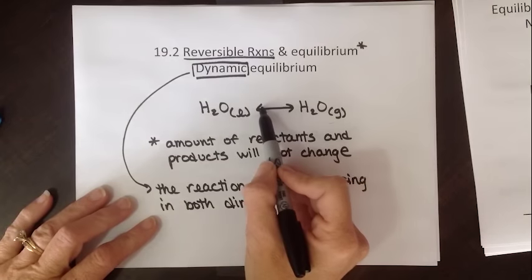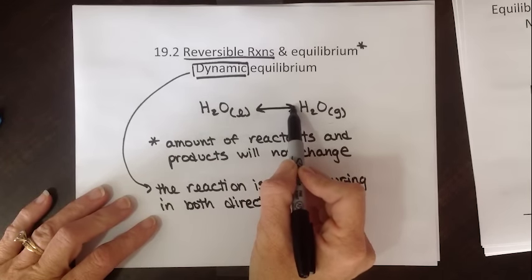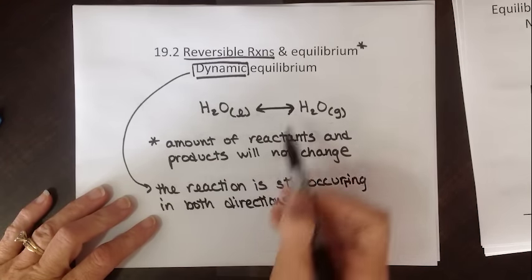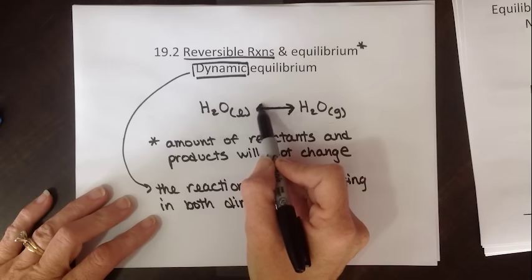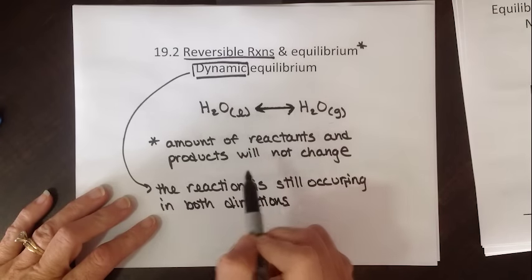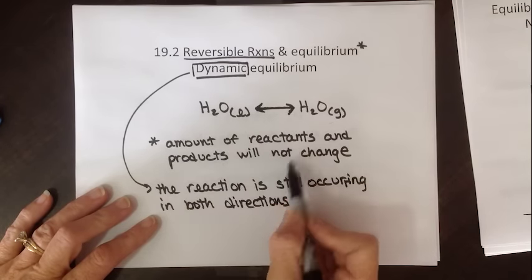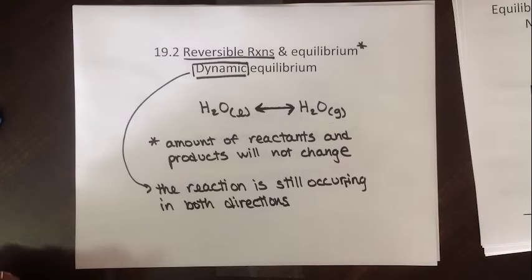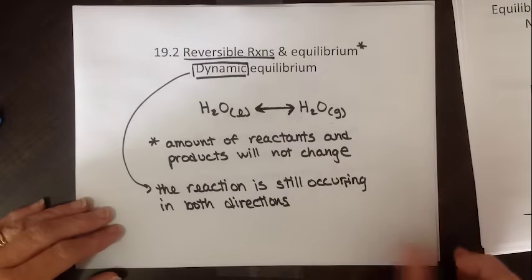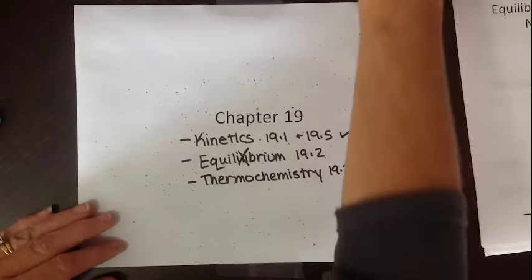So it's dynamic in that as one liquid turns into gas, and it's at equilibrium because if one goes this way, then one goes this way. So the overall amount doesn't change, but the reaction is still happening if you could actually see molecules with special glasses or something. So that's what this section is about.